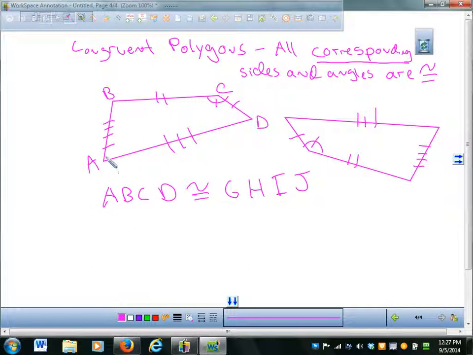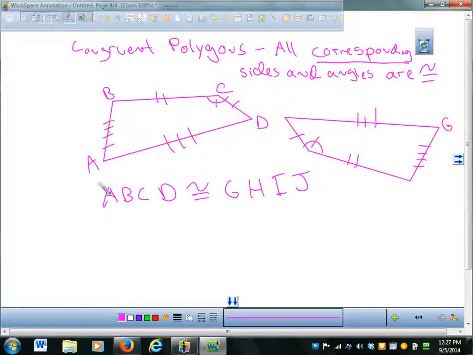A. So I have to look for the angle that corresponds to angle A. Where does G go? Top right, here, right? G. And the way I can tell is by these marks. This has 3 and 4, and this has 3 and 4. So that has to line up.